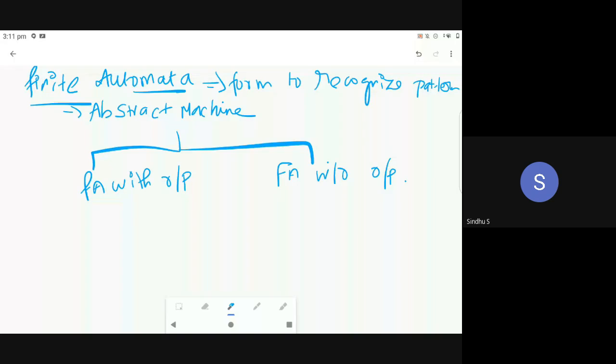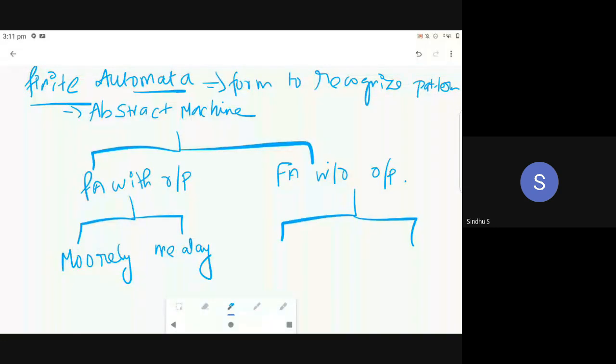In finite automata with output, we have two categories of machine: Mealy machine and Moore machine.